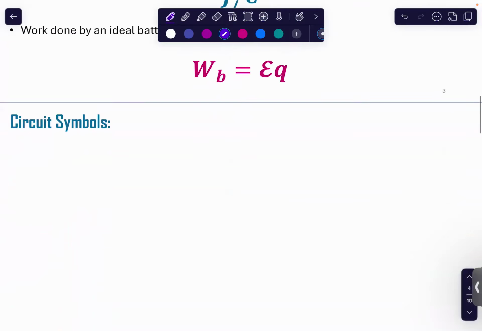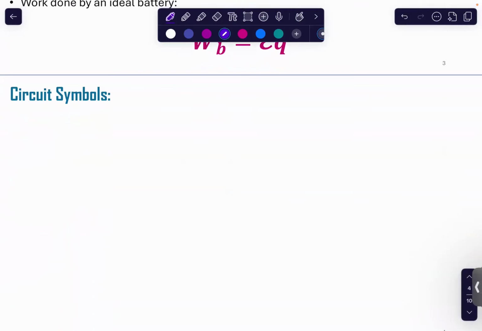So you're going to have to learn how to start drawing circuits. We're going to need some symbols. Actually, when you see switch, you're going to go, oh, that's obvious. That's battery.